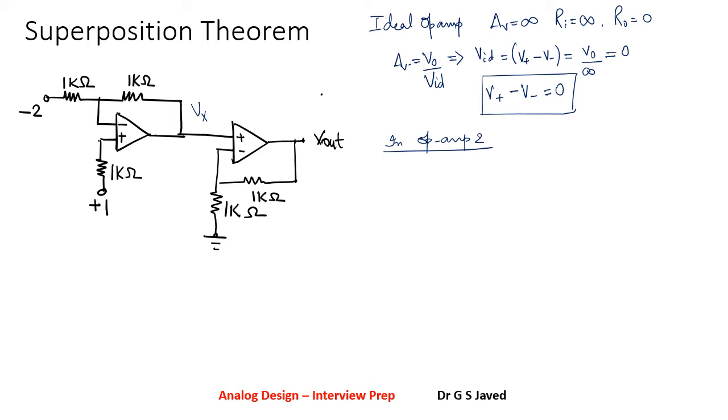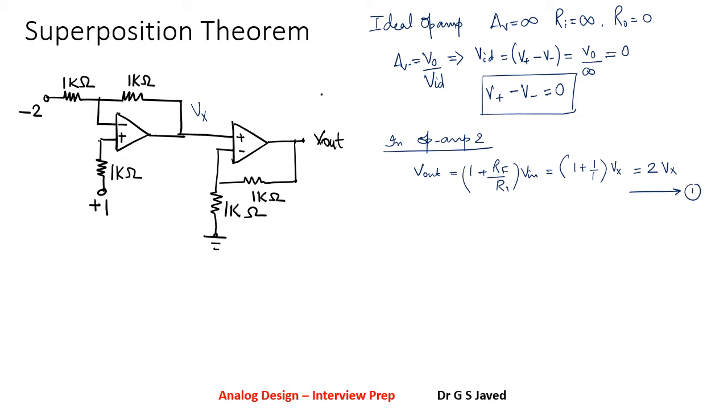Since it is connected to the non-inverting terminal, the output voltage can be written as 1 plus Rf by R1 times the input, which is 1 plus 1 times Vx, or 2 times Vx. This is equation 1.